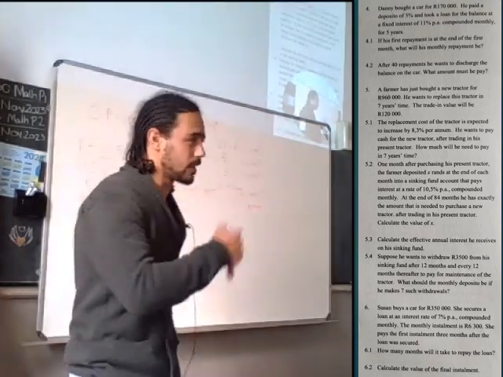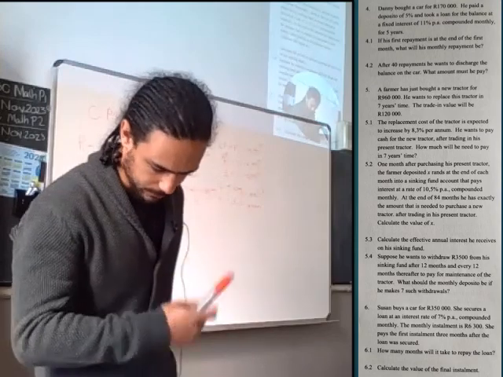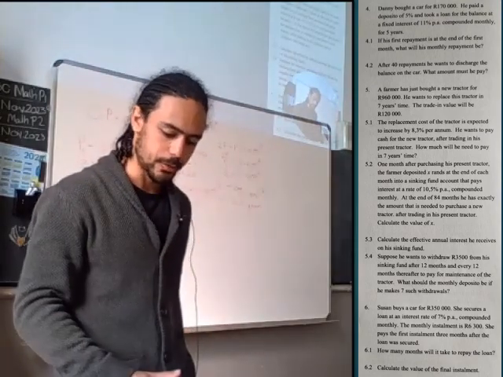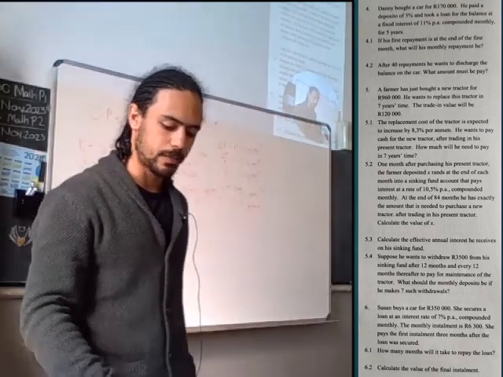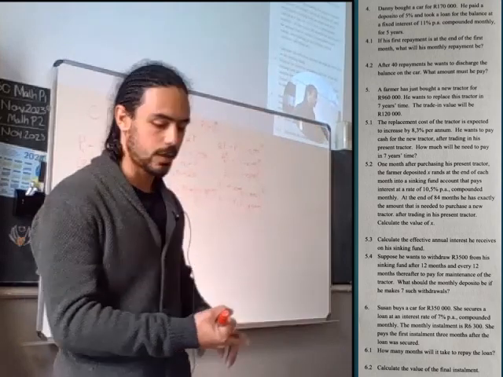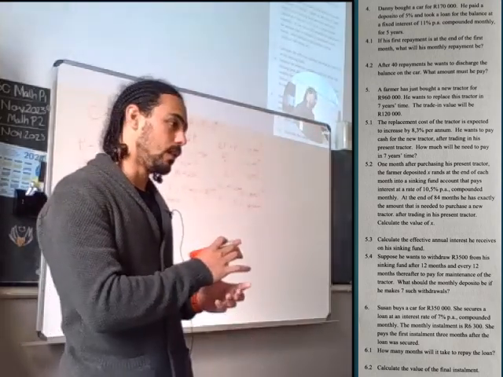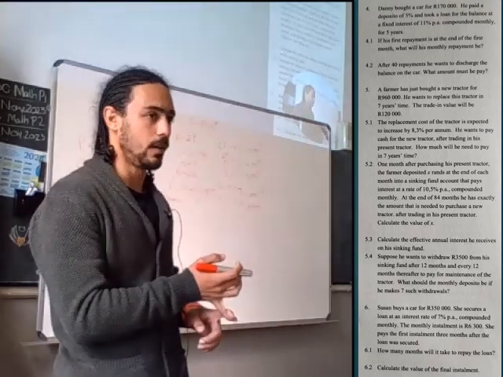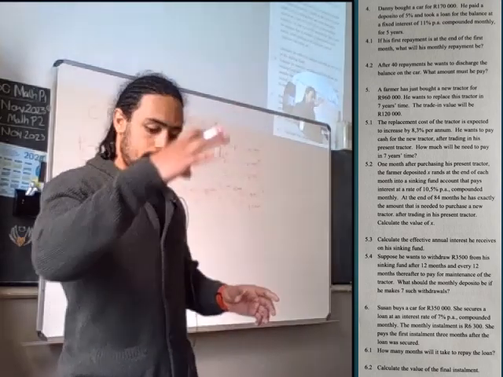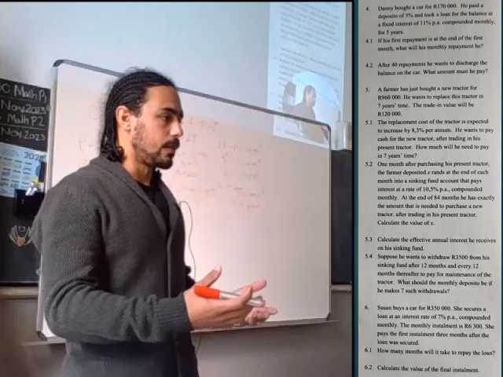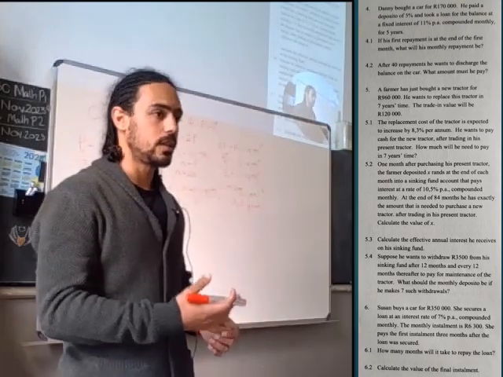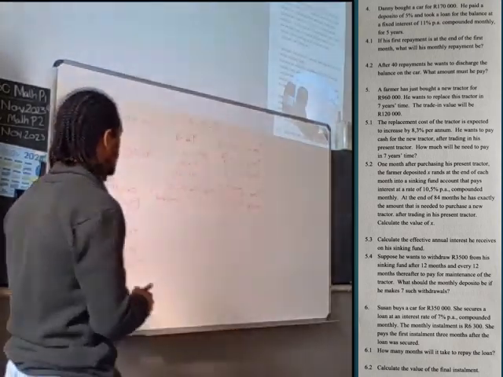All right, so in this, although they don't tell us, we're going to assume that he's going to replace the tractor, so we first need to work out the cost of the new tractor. And then we're going to subtract the 120,000 from that. All right, so let's go and do that.